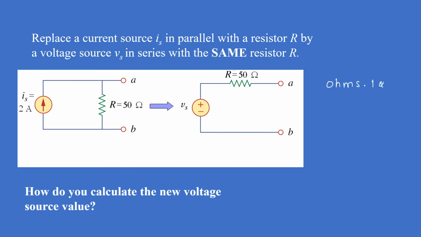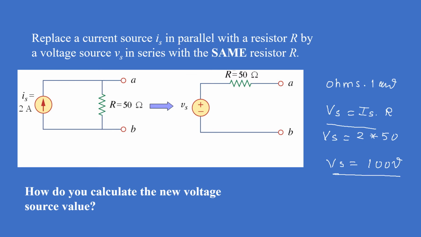According to Ohm's law, Vs is equal to Is into R. Substitute the value of Is as 2 and resistance as 50. So the value of that source comes out to be 100. You can see that by using Ohm's law, we have converted this practical current source into a practical voltage source.